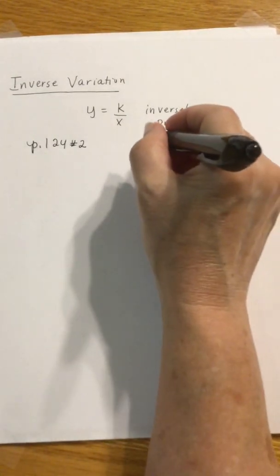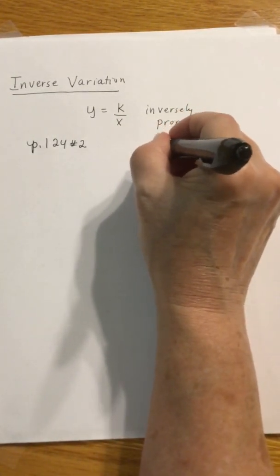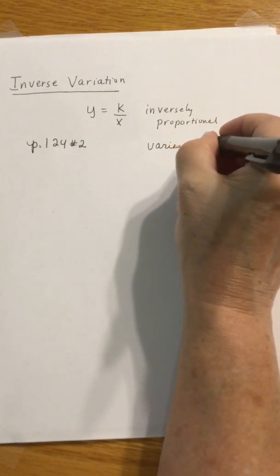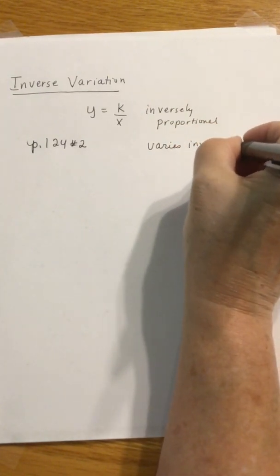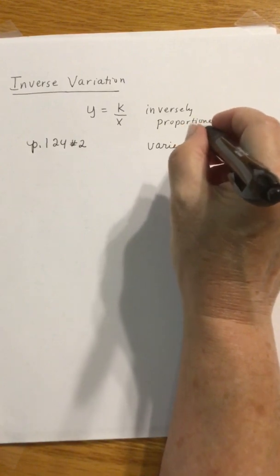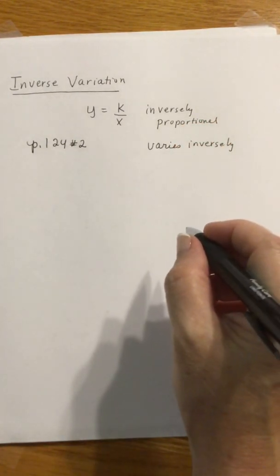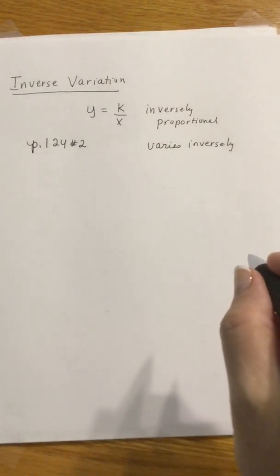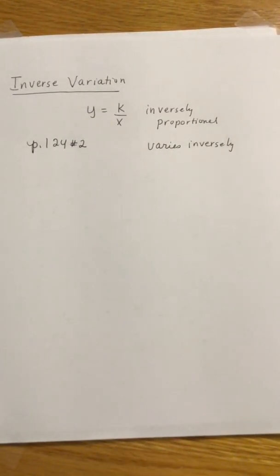Another way that this one might also be written is varies inversely. So anytime the word inverse or inversely is used, then we know that it's going to be a division. So this one says, Boyle's law states that when a sample of gas is compressed at a constant temperature, the pressure of the gas is inversely proportional to the volume of the gas.